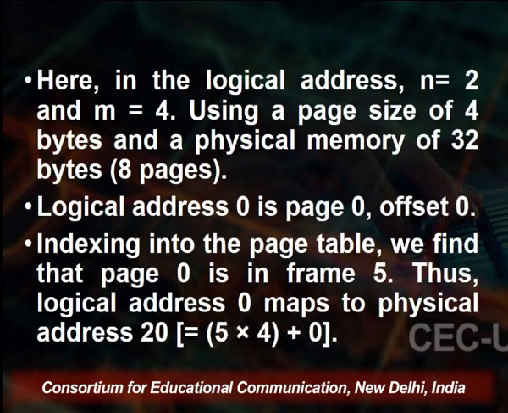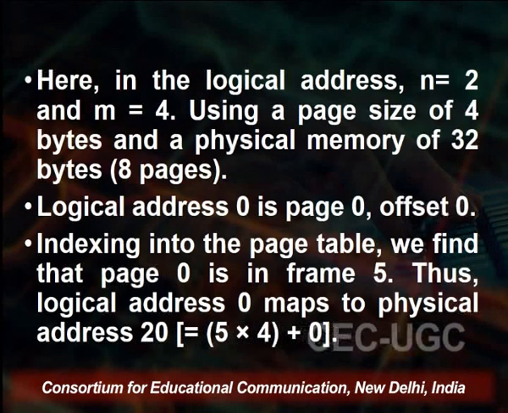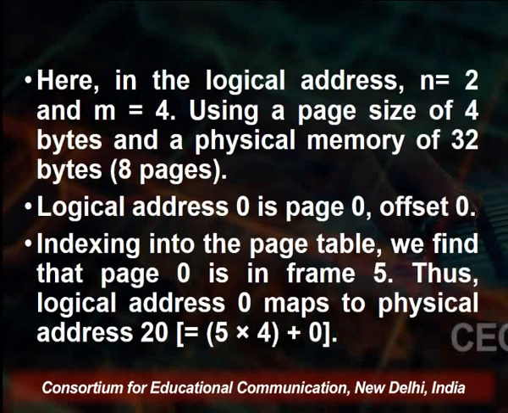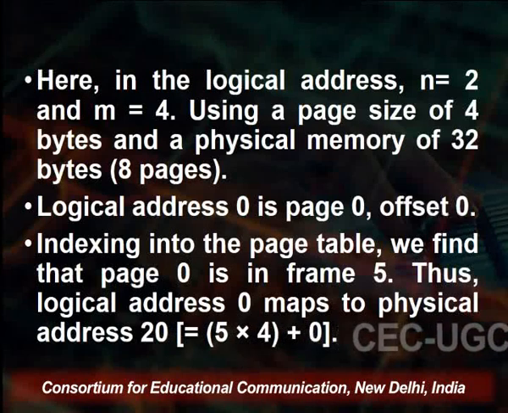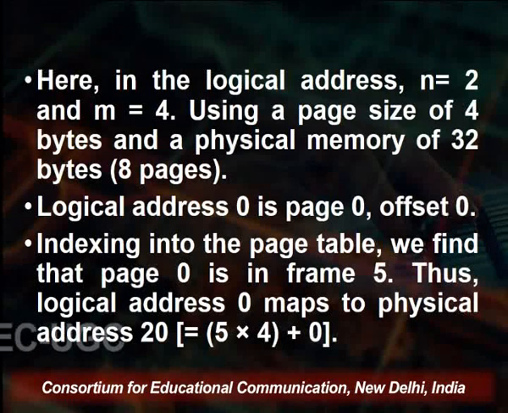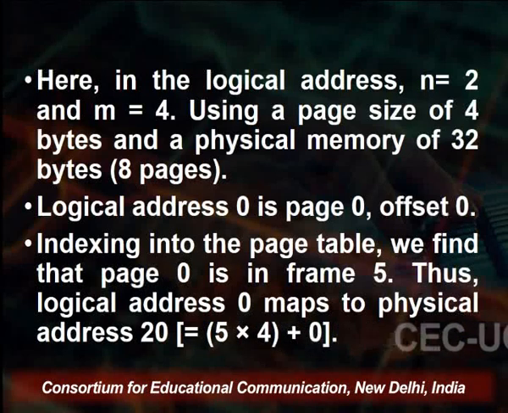Logical address 0 is actually page 0 offset 0 because there is no shift there. Indexing into the page table, we discovered that page 0 is in frame 5, as we have seen. Thus, logical address 0 is going to be mapped to physical address 20, because 5 multiplied by 4 is equal to 20.